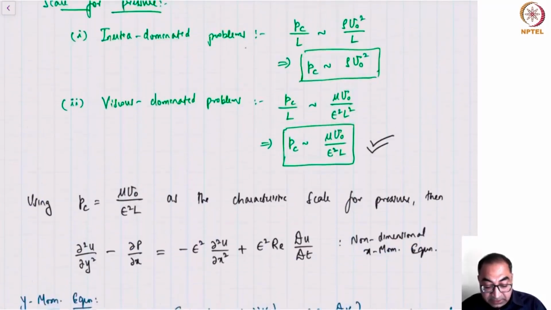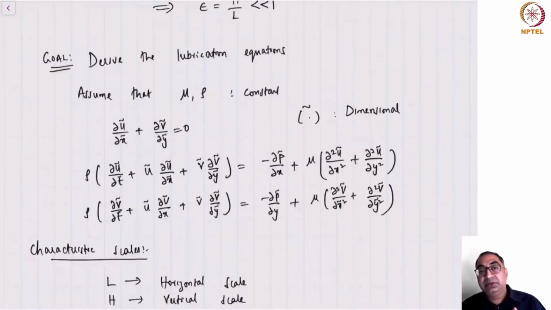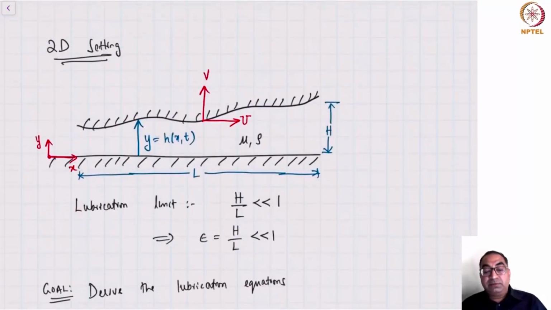simplifications that we've done in this analysis is to look at the geometry. We have walls on both sides. You have a wall at the bottom which I've taken to be flat, but it could be any other shape. And you have a wall at the top, which is in this case a wavy wall. But the position of the walls is prescribed. It's fully prescribed by the velocity field and the thickness.